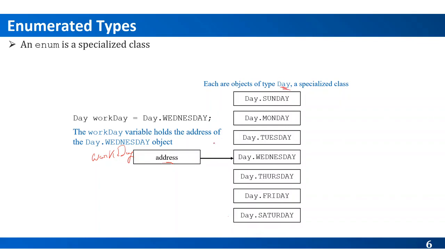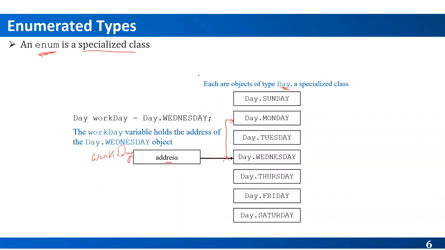So if you make it point to Day.MONDAY, this arrow will be pointing to Monday, like this. Now, one thing that you will need to understand here is that enum can be considered as a special class. This is very important to understand, and I will show you some kind of proof that this is actually true.